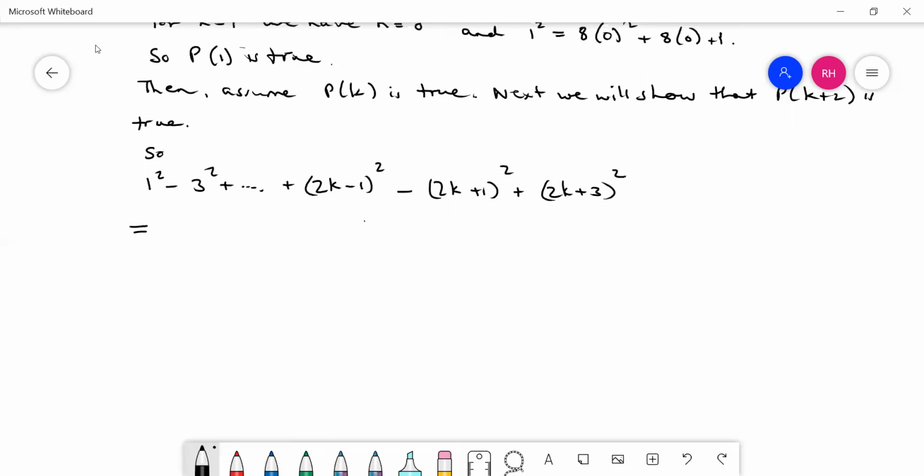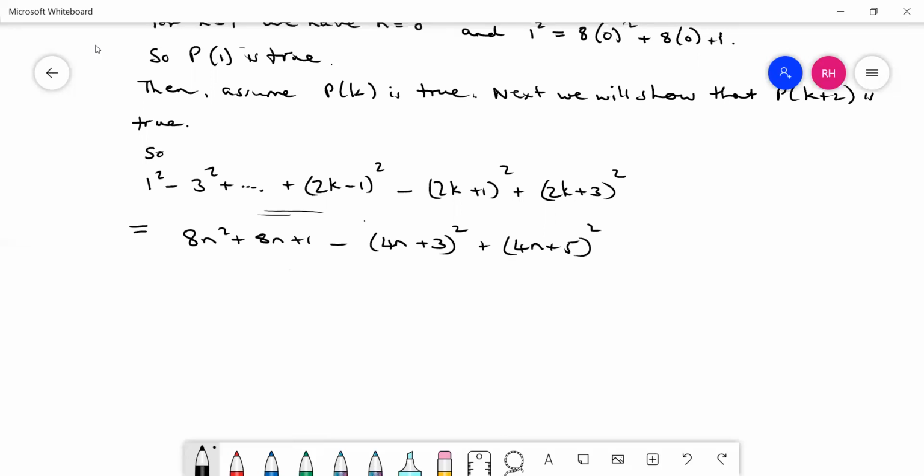Okay, so that equals, well, this first bit I know by assumption because we know P(k) is true. So this is 8n squared plus 8n plus 1 minus, and then we take off this (4n plus 3) squared plus (4n plus 5) squared.